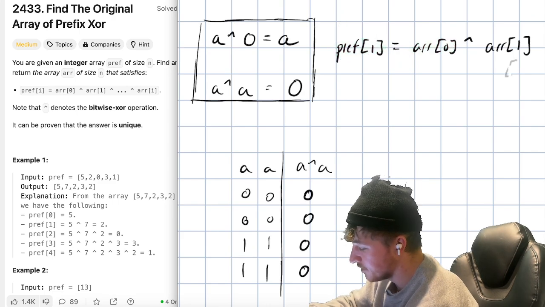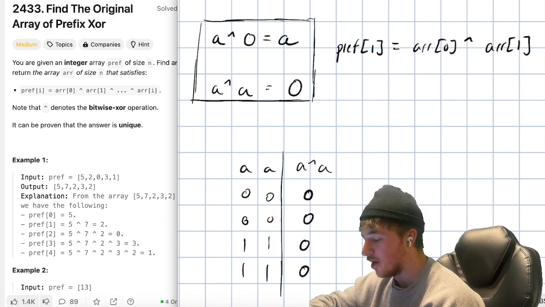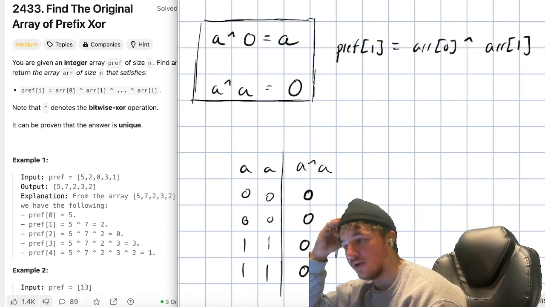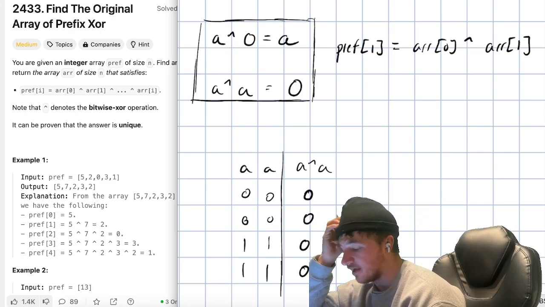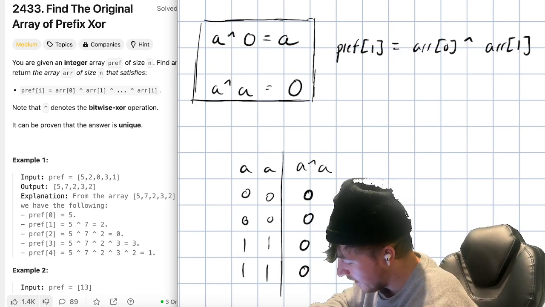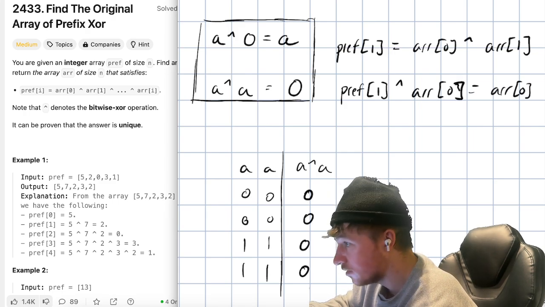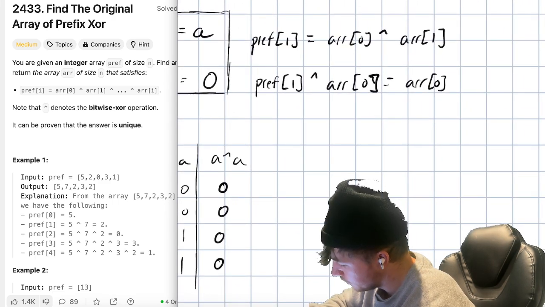So what I'm saying here is I'm trying to figure out what array 1 is. I already know array 0 and I know pref 1, but I need to figure out how I can get array 1. Well, one legal thing I can do is XOR both sides by array 0, and I get the following: array 0 XOR array 1 XOR array 0.